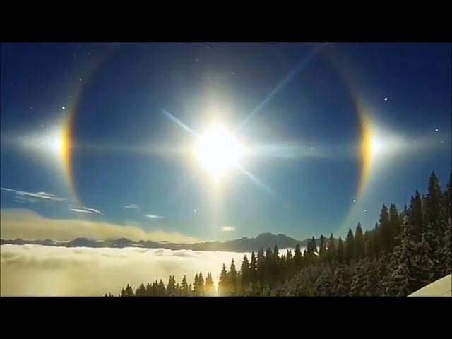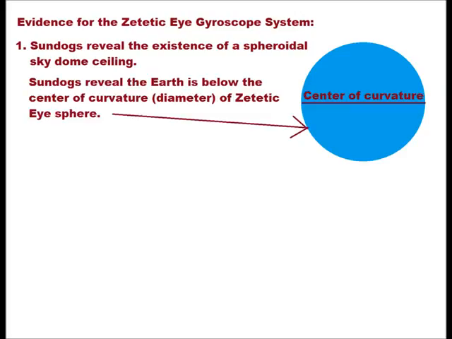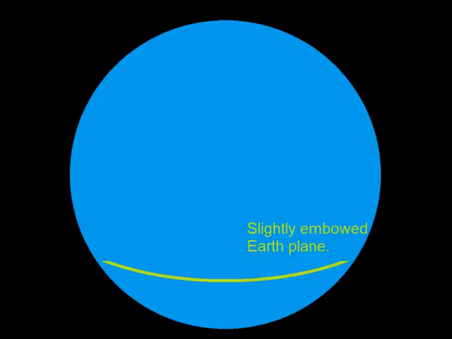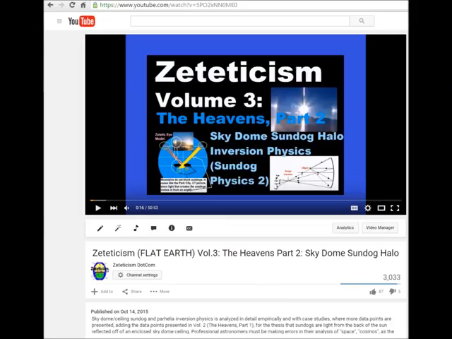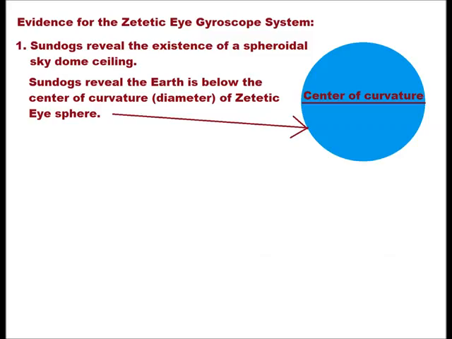The disk of the Earth is lodged below the equator of the gyroscopically rotating sphere. The best evidence for the idea that the Earth plane is smaller in diameter than the Zetetic Eye sphere, and thus rests in this dinner plate inside the basketball orientation we're discussing, is found in the inversion physics of sundogs, which is discussed in volume 3 of the Zeteticism series, where sundogs give very strong indication of being inverted light images, and that only can happen in a certain orientation of the plane of Earth with respect to the sky dome.